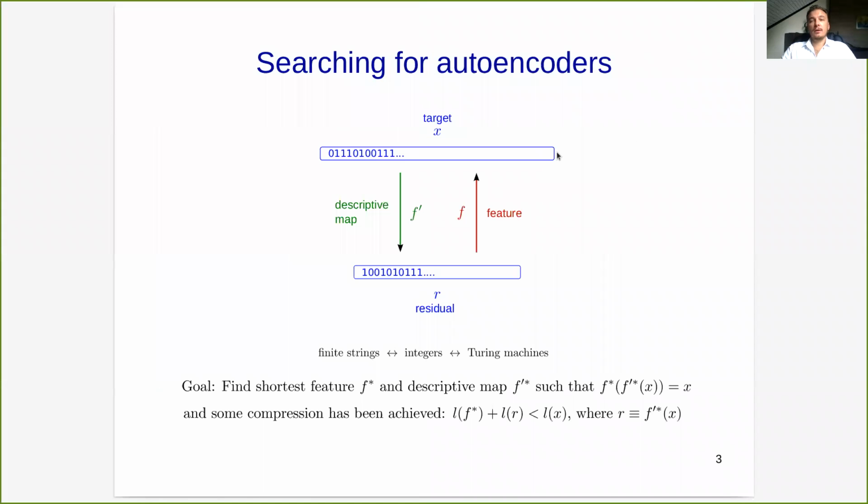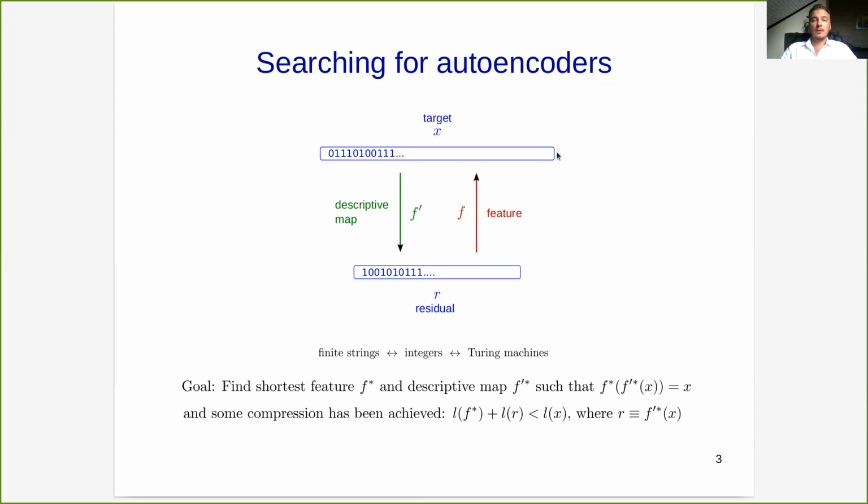So the way the incremental compression theory works is that you have a binary string that can represent any type of data, and you want to find a function that constitutes a short description of that string and can generate that string.